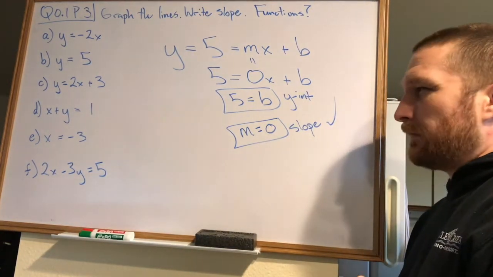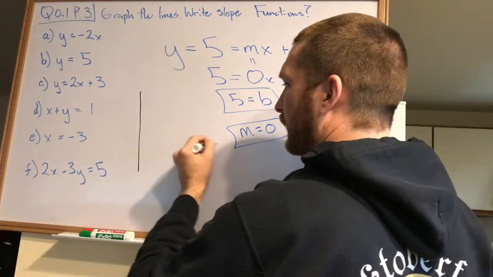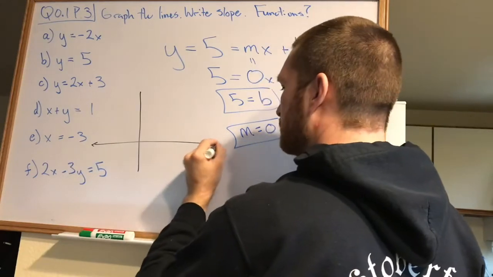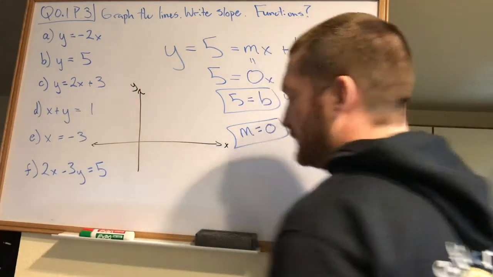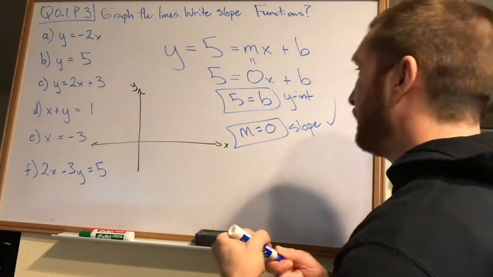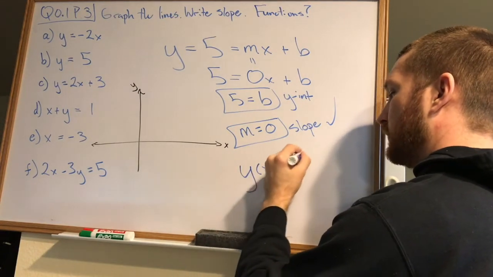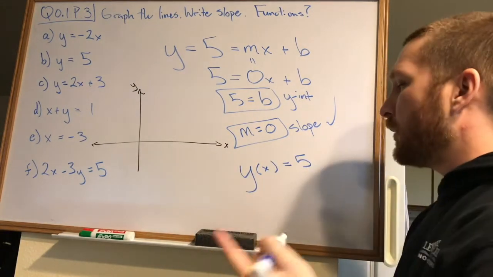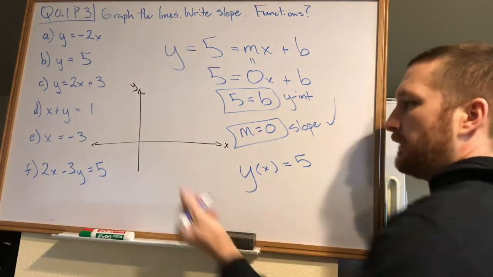But another way of thinking about this is to say, okay, this is a function. And what this function says is that it's a relationship between x and y. I'm going to go ahead and write it out. y of x equals 5. So when x is 0, I plug in a 0 and I get out a 5.